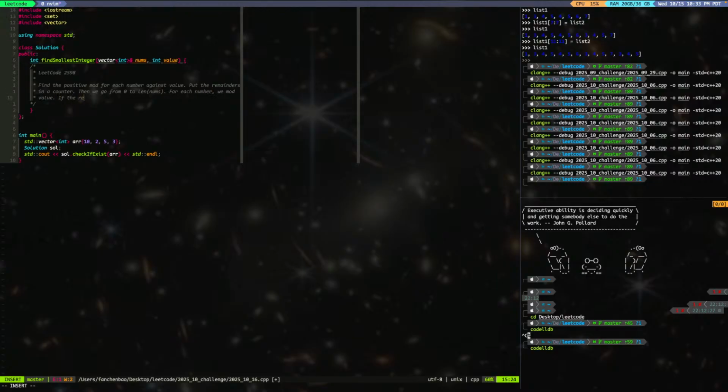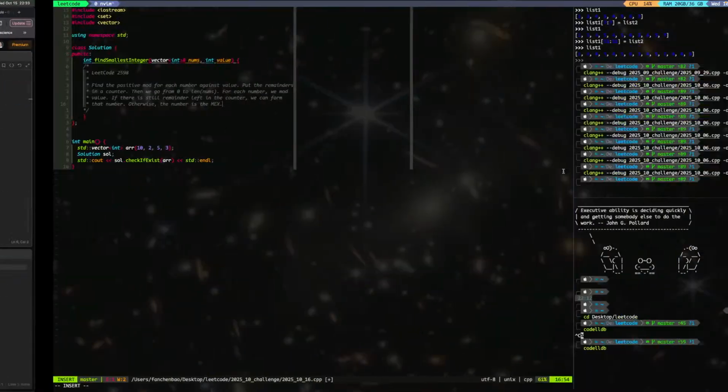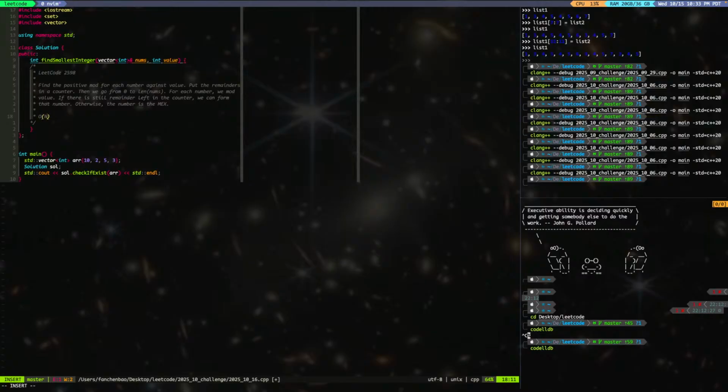If there is still remainder left in the counter, we can form that number. Otherwise, that number is the max excluded. Okay.